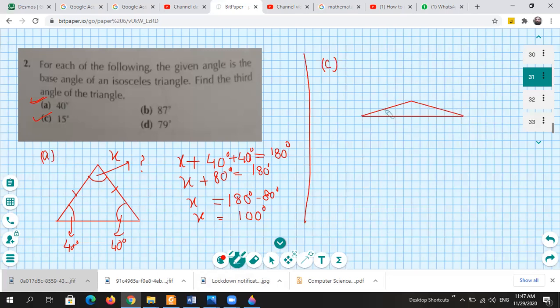So this angle is 15 degrees and the second one is also 15 degrees. So we have to find the third one. Suppose this angle is y, which is unknown.